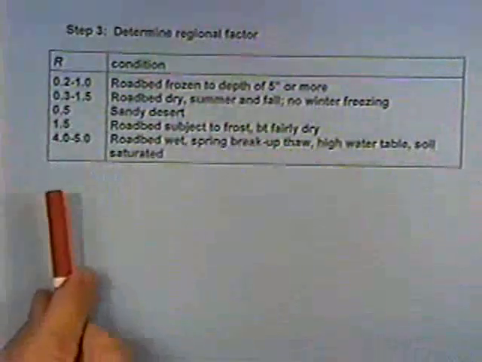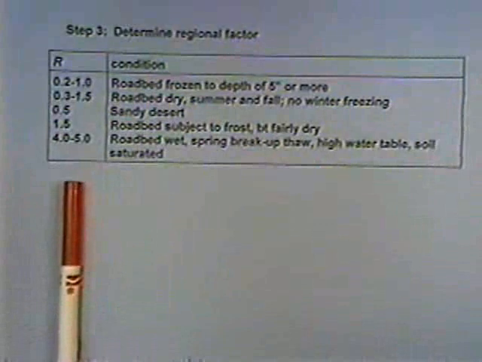Step 3, we're going to determine the regional factor, and this is based on where the roadway is going to be built. What it's trying to take into account is that the load on the pavement surface is going to do more damage to that pavement when the ground is saturated, such as during spring thaw. So if you have areas with lots of freeze-thaw cycles, you would have these different R values or regional factors that are shown there.